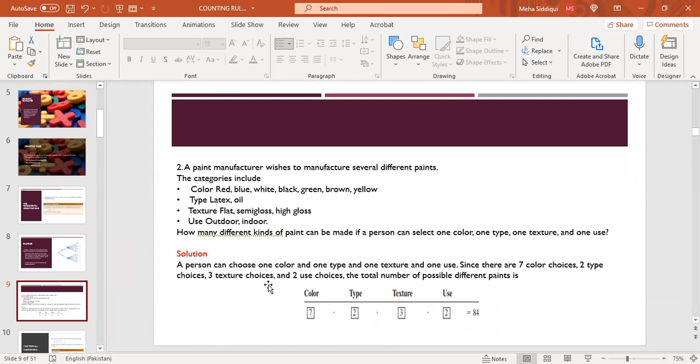Since there are 7 color choices, 2 type choices, 3 texture choices, and 2 use choices, the total number of possible different paints is 7 colors, 2 types, 3 textures, and 2 uses. Multiplying these together, 7 times 2 is 14, and 14 times 3, and so on, we get 84 possibilities.